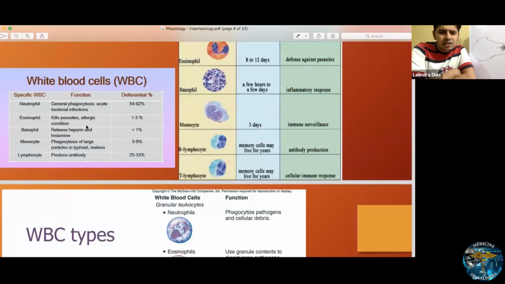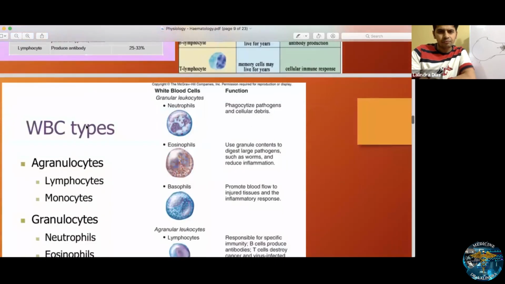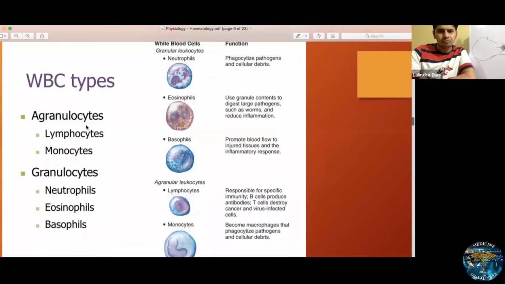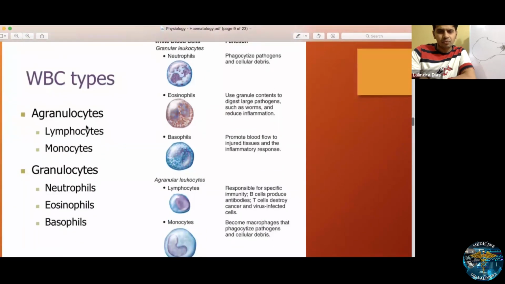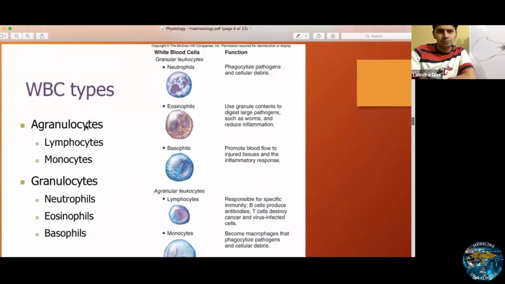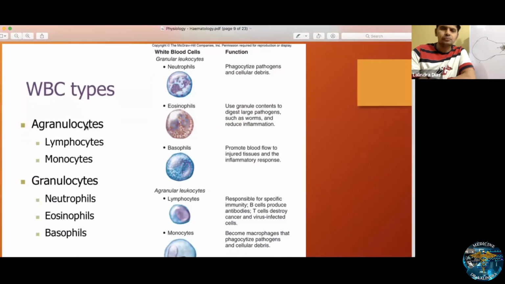Lymphocytes, they produce antibodies. B lymphocytes, no? B lymphocytes produce antibodies. Okay, so guys, as I told you before, the white cell types can be broadly divided into two categories.